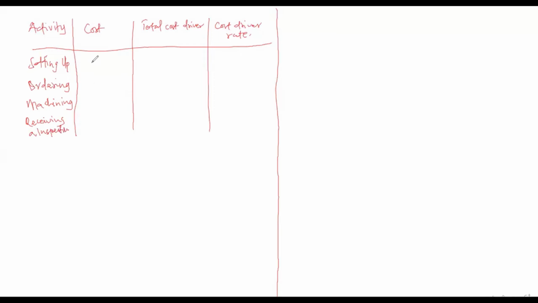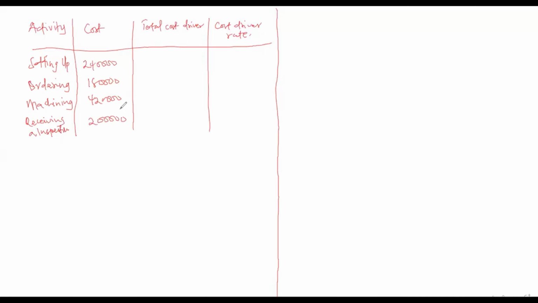So the cost for the setting up is 240,000 and the ordering is 180,000. The machinery is 420,000. Then this is 200,000.